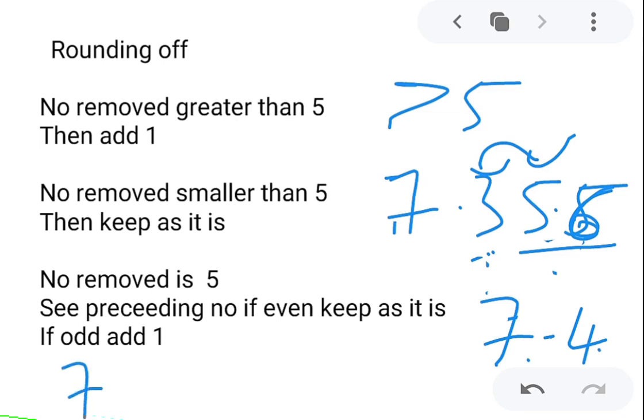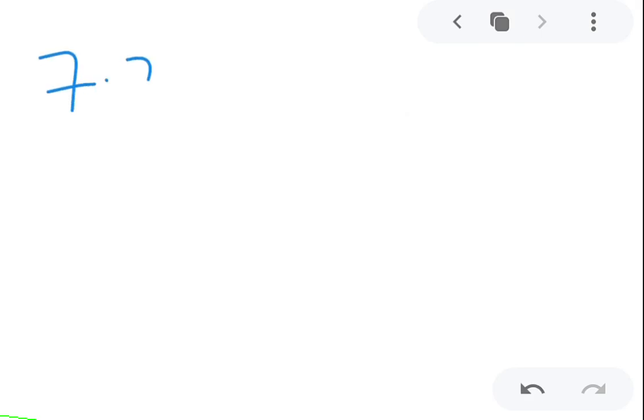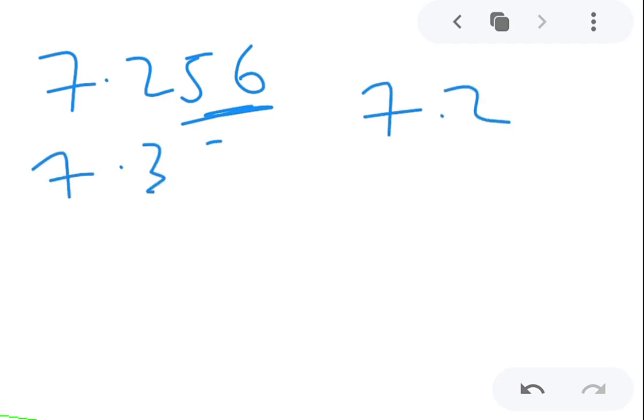But if it was 7.256, then your answer should be 7.2. Clear? I am showing you one example over here of 5. 7.256, you want to remove this 5 and 6, then your answer becomes 7.2. 7.356, your answer becomes 7.4. Why? Because the preceding number is odd, so add 1 to it.